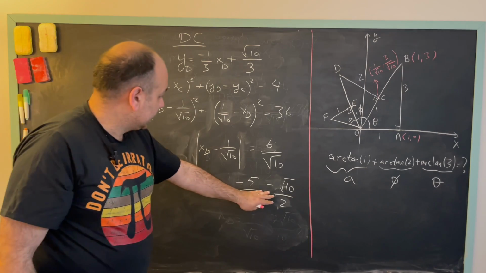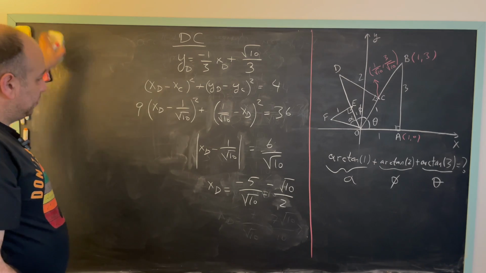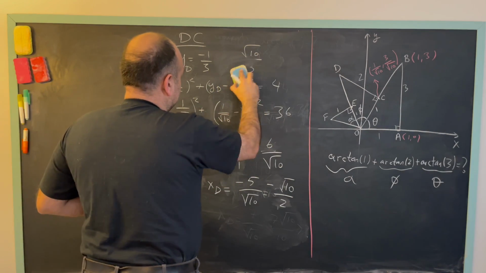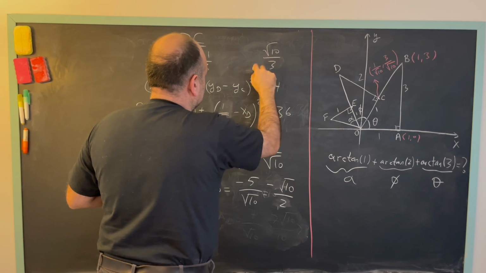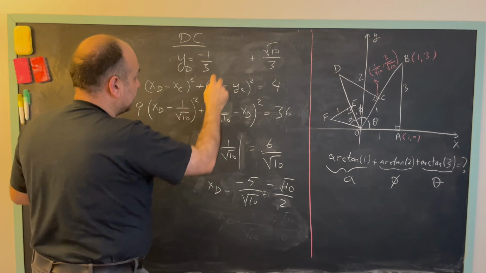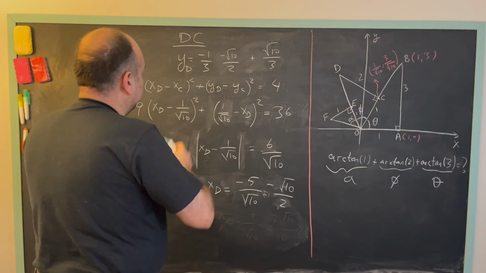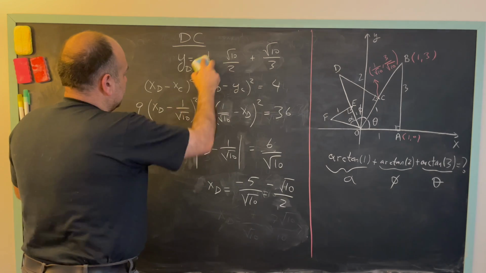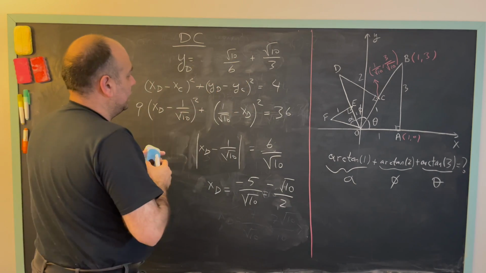So now it's time to find y of d. So if I put minus, so this is 10, square root of 3, √10 plus over 3, plus here I have x, minus √10/2, right? So this becomes positive, positive. So this is nothing but 6 over 6.